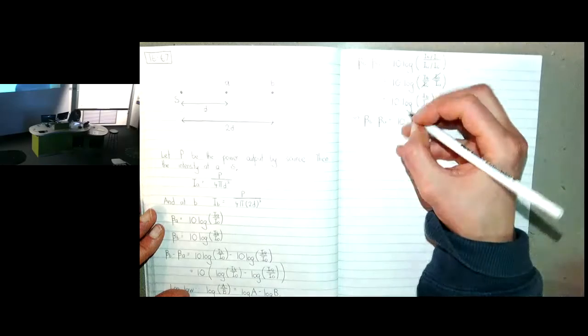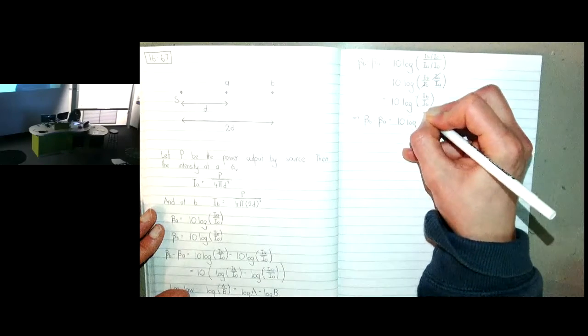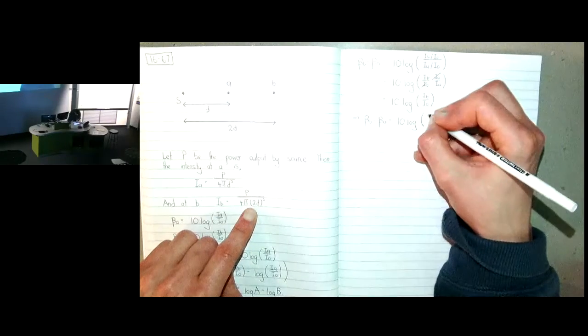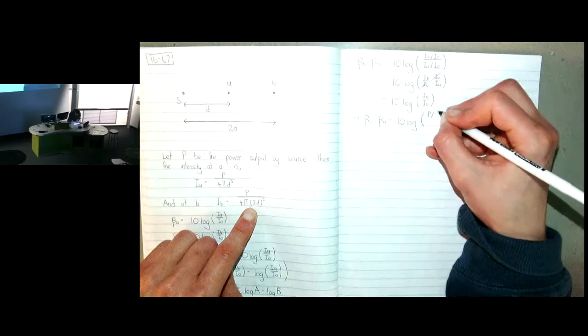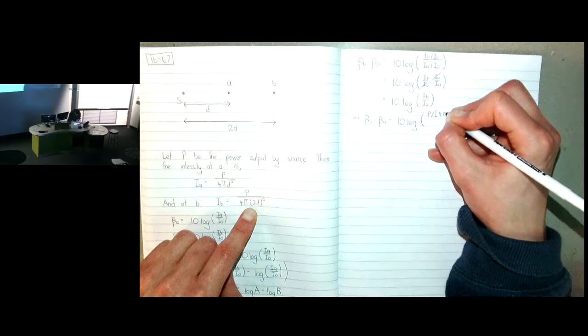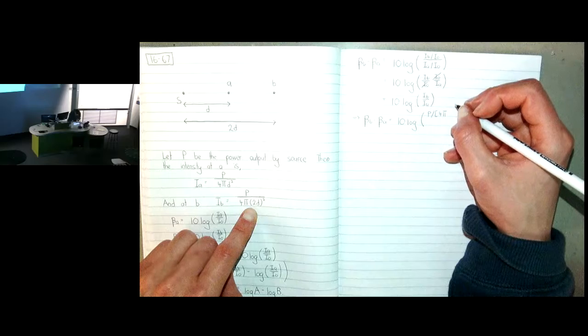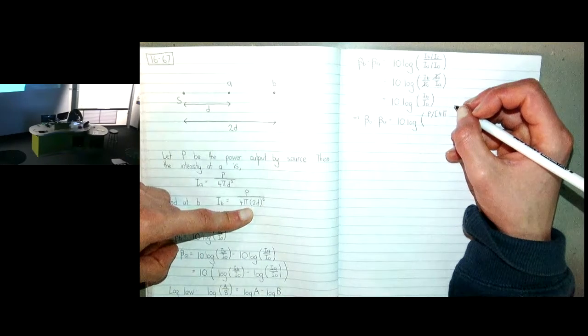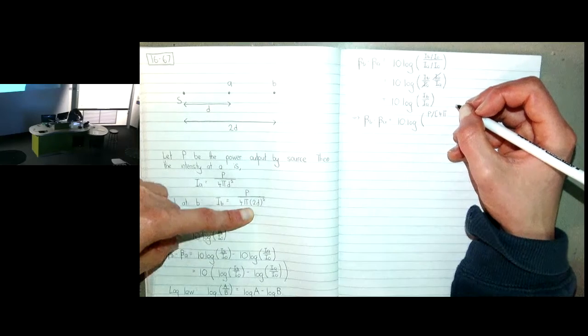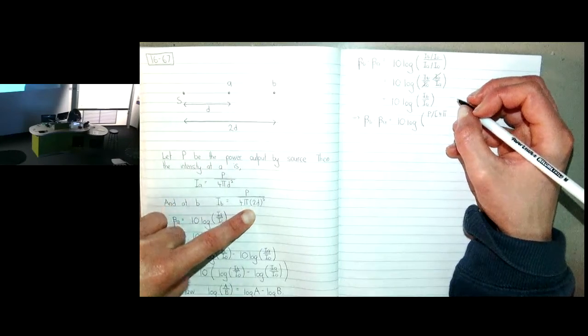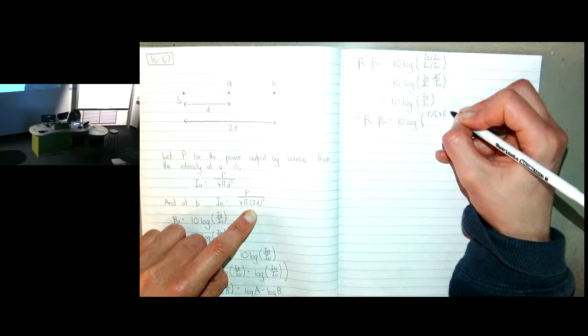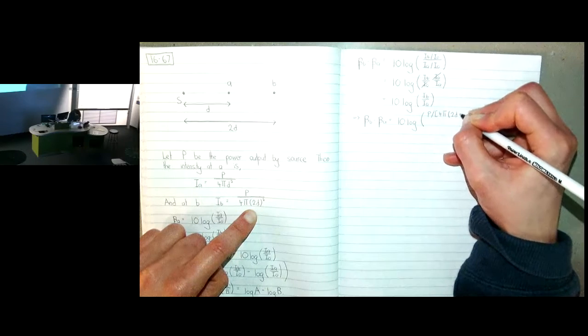That's going to be 10 log. So plugging this in, we're going to have power divided by 4 pi, 2d squared.